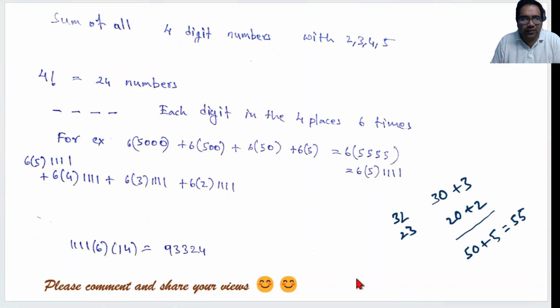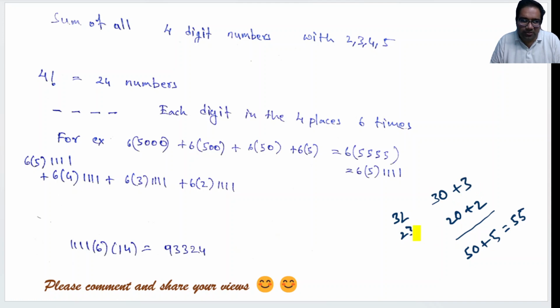Let us simplify this. Let us say we have only two-digit numbers formed with 2 and 3. There are only two options, either 32 or 23. Here 3 is there one time in the tens digit and one time in the units digit. So 3's contribution is 3 times 10, which is 30, and 3 times 1, which is 3.